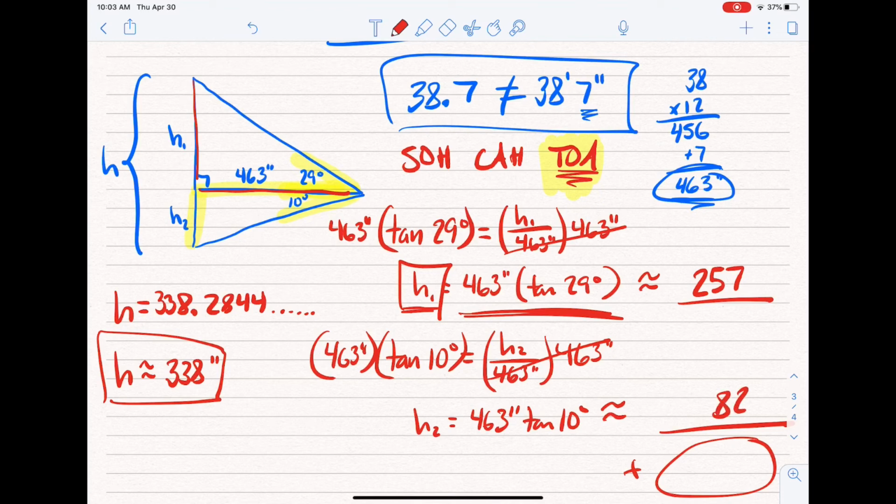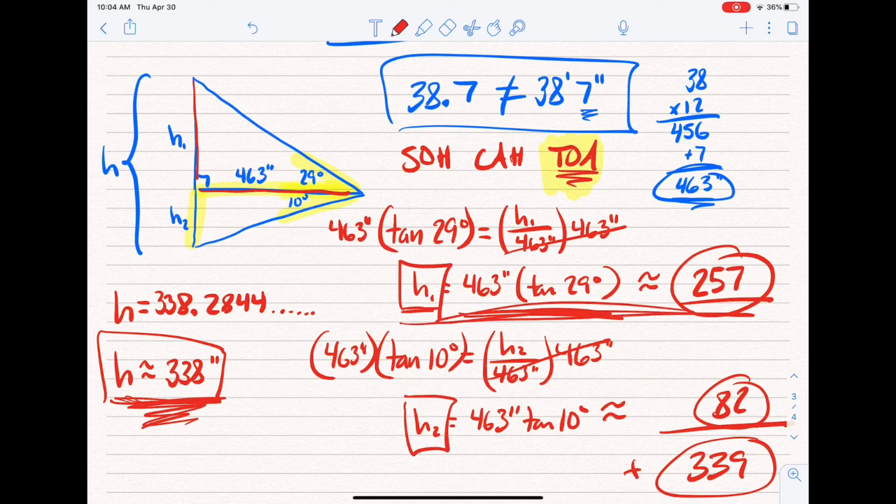I'm going to add those two numbers up. 257 plus 82 gives me 339. So I go, yep, this number makes sense. But if I approximate the first one and the second one, I get 339, which is a little bit off of what I should have gotten. So that's why it's worthwhile to put it all in the calculator at one time. However, it is really good to go back in and chug these both twice, and that way it lets me know if my number makes sense or is close.